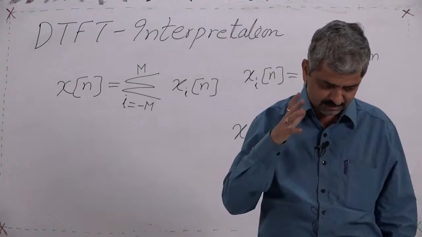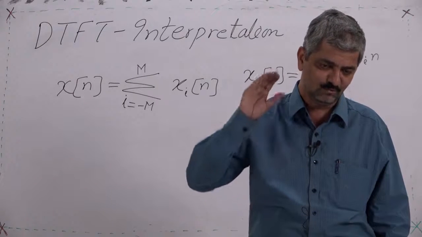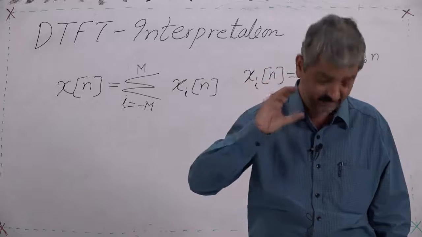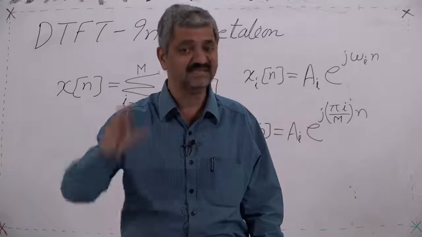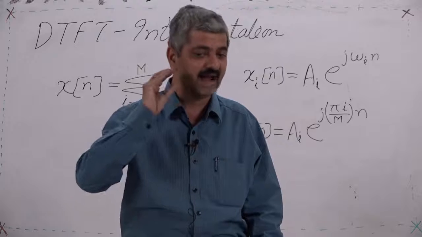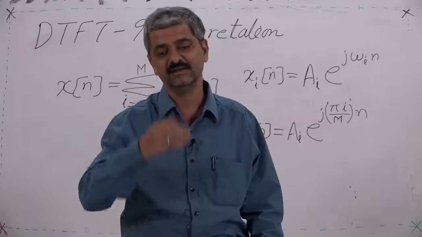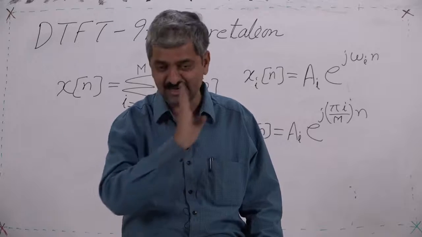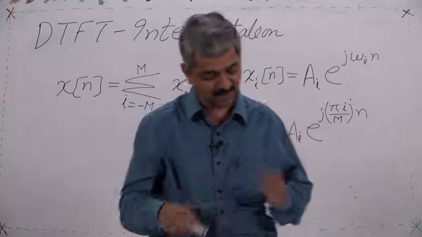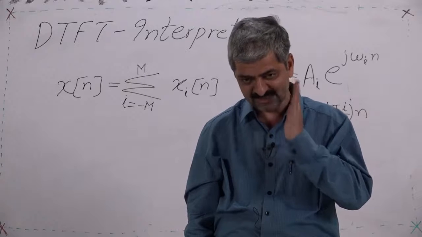I am now decomposing the given sequence into multiple subsequences, and each subsequence is a rotating point with a different speed. I am spacing them equally; I am not choosing the speeds randomly.